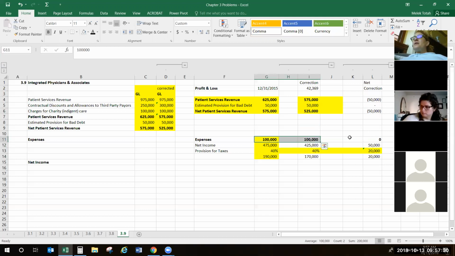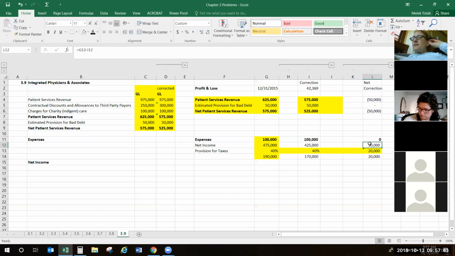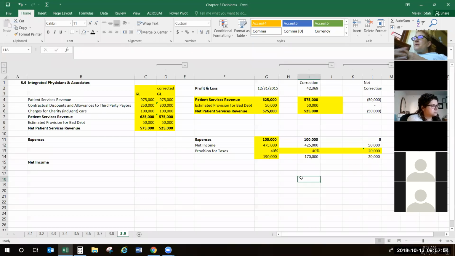Changing revenue is not changing expense in this example. We're just restating. There's no change in expense. No impact. And then net income is going to be the exact same impact as the revenue, right? It's $40,000. Okay. And then lastly, I think it asked about, yeah, I think that was it. Okay. Any other questions on this one?